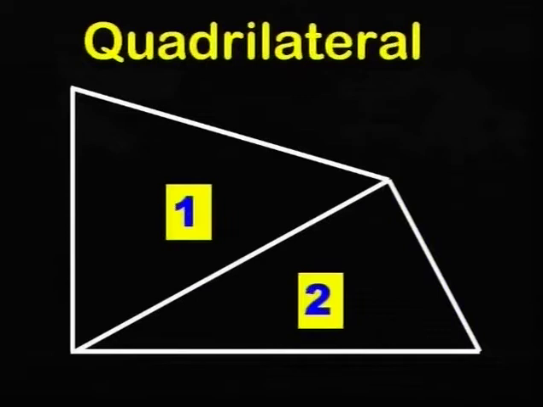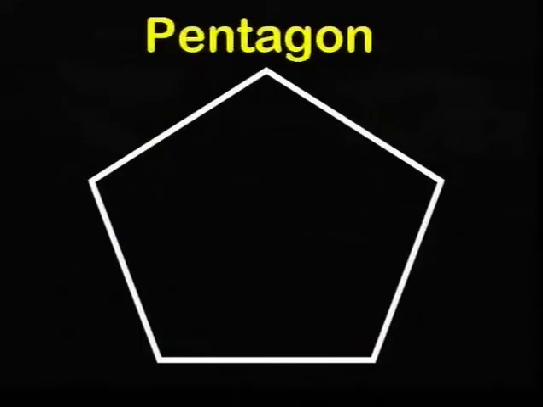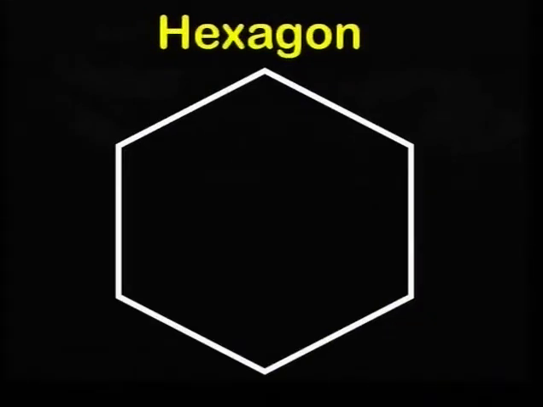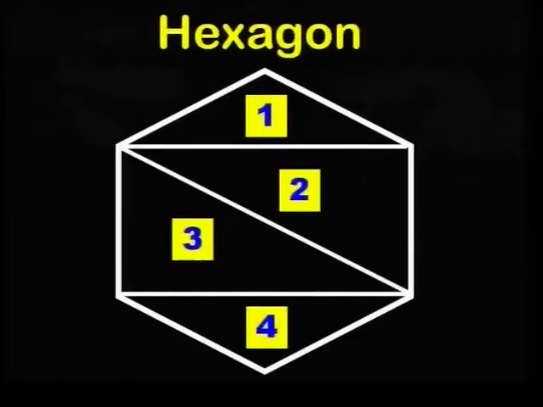There are two triangles. How many triangles in a pentagon? Three. Okay, good. Three triangles. How many triangles in a hexagon? Four. Okay, four triangles. Very good.